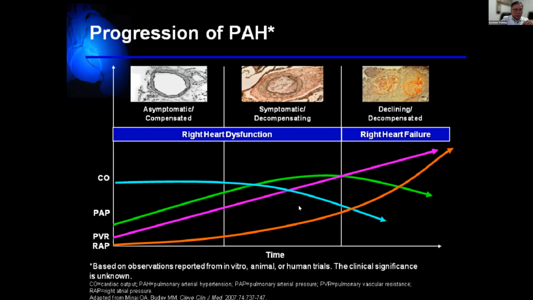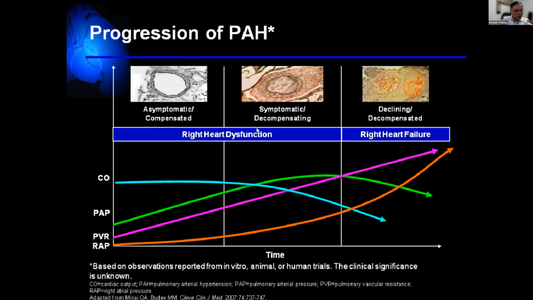And if you look at the progression of pulmonary hypertension, it can actually be quite rapid. In the beginning, in the pulmonary artery, the lumen is quite large, but with time, because of the proliferation of the smooth muscle cells and fibroblasts, it becomes smaller and smaller. And once it becomes too small, clots start to form.